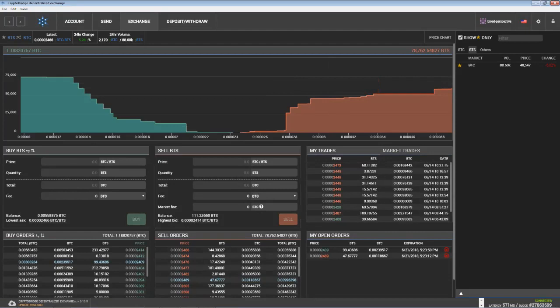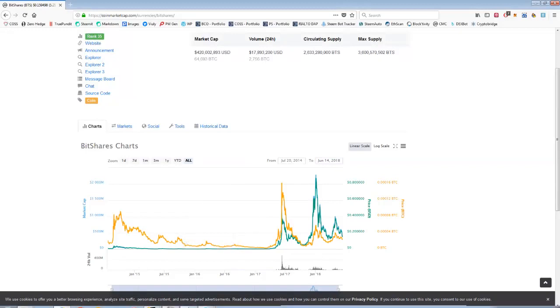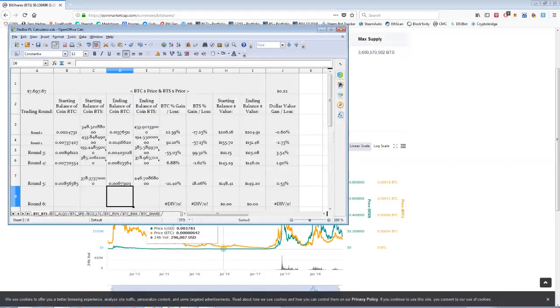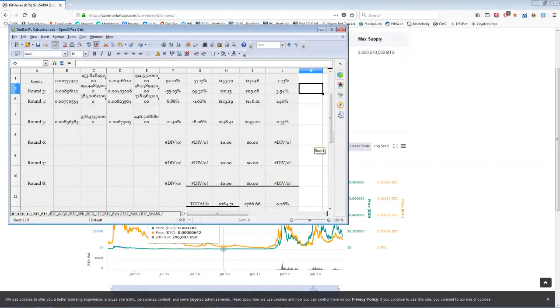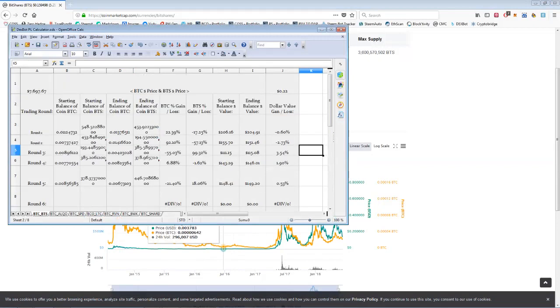So this is what the exchange is looking like. And we can also go and see how I've been keeping track of the trades and whether they're profitable or not.